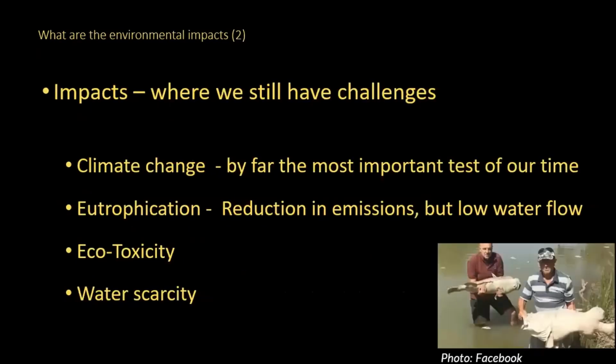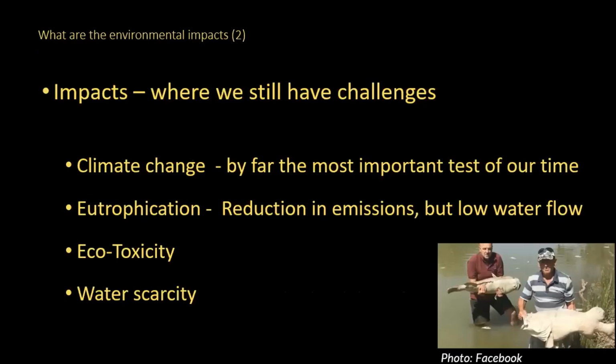The things where we still have some challenges: climate change, by far the biggest issue of our time. I don't really need to talk much about that. Nutrient enrichment, I was hoping to put this on the winning list, but with reductions in water flows and conflict with water, and looking at the state of environment, I think we still have significant algal blooms and challenges in terms of nutrient enrichment of waterways and land.